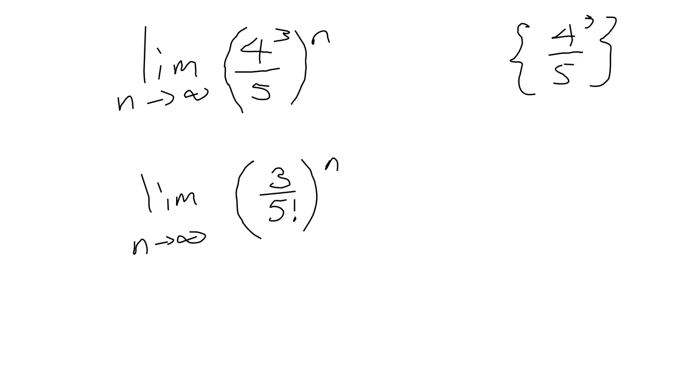Why does the next one converge, and why is it equal to 0? Because, well, what does the exclamation mark mean again? I forget the name. Factorial. Thanks. Because you have 5 factorial, that would actually be 5 times 4 times 3 times 2 times 1. And if you had the power outside, each of those factors would be 5 to the n times 4 to the n times 3 to the n times 2 to the n times 1 to the n.